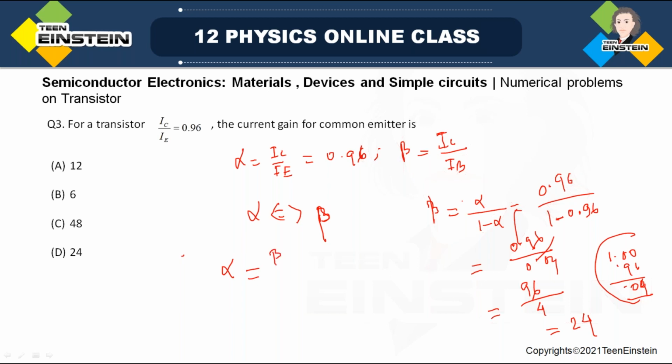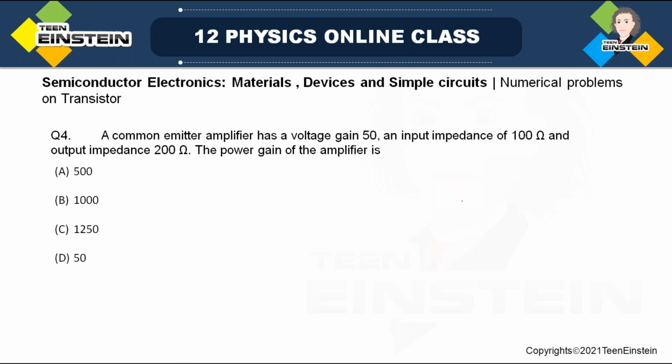If beta is given and you want alpha, alpha is equal to beta by 1 plus beta. And when we are writing beta, then we write alpha divided by 1 minus alpha. So these are the formulas. You should remember this. We'll go to the next one.